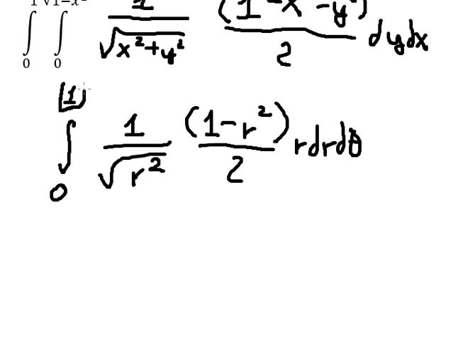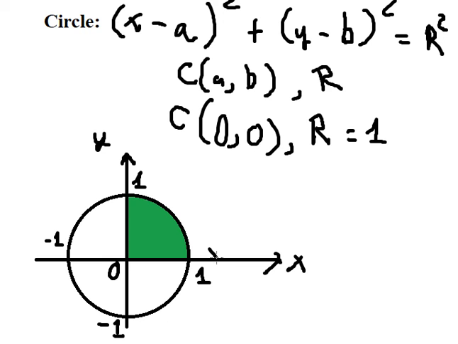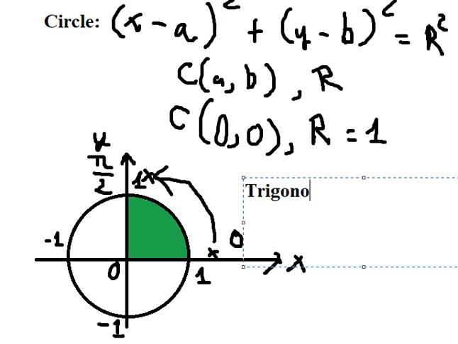Number 1, that is about the radius of the circle in here. d theta. So we start in here and we stop in here. So that should be about from 0 to pi over 2. We just use about the trigonometric circle.